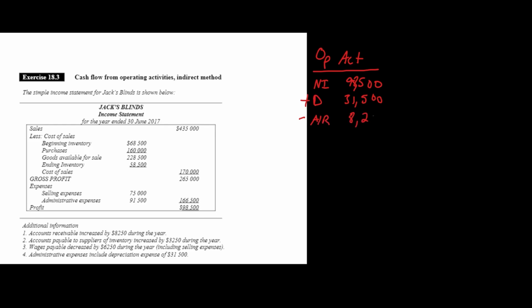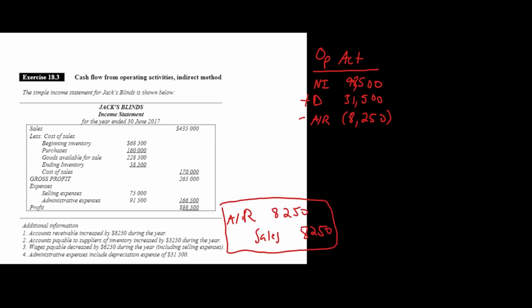Why would we subtract an increase in AR? Well, this represents sales that we did not collect on, right? If our AR increases, there's no increase in cash, but this is still included in our net income number. So we need to back that out.